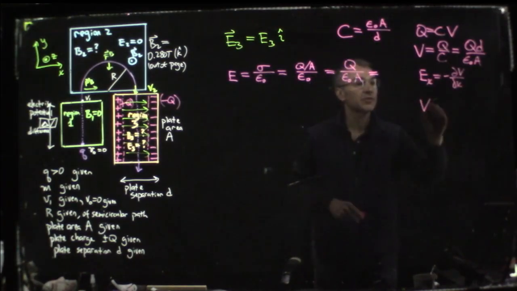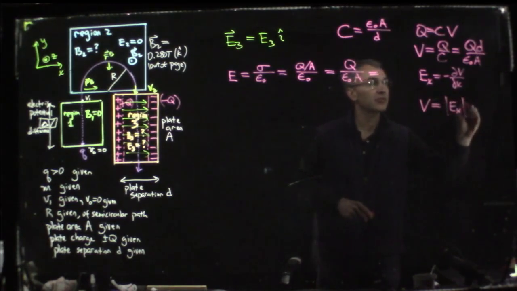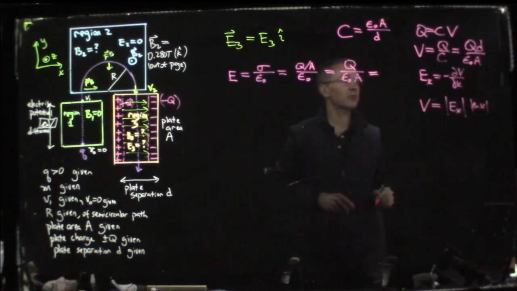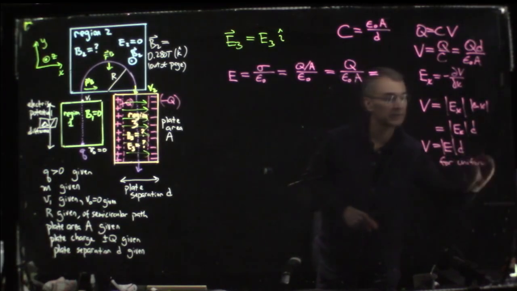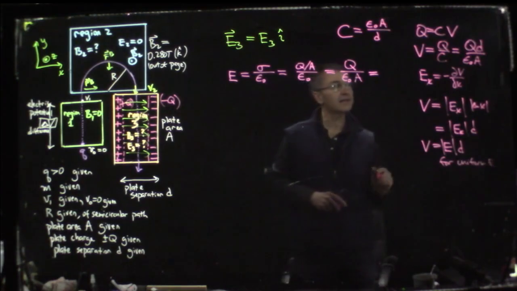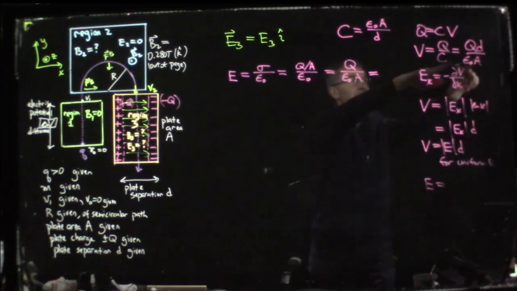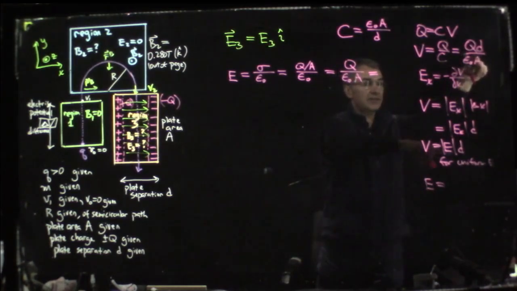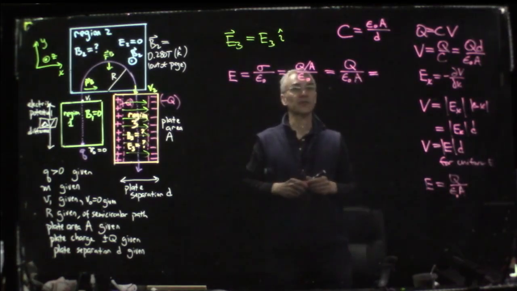So that gives us that the potential difference is the magnitude of this electric field in the x direction times this plate separation. This is also a given equation on the equation sheet, that potential is electric field times distance for a uniform electric field. So if we did that, then we would get that the magnitude of the electric field is just this voltage difference divided by D, which is the same result. So here's the charge divided by epsilon naught times the area. So there's several ways you could get that.